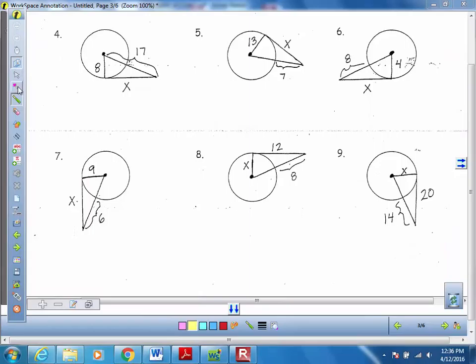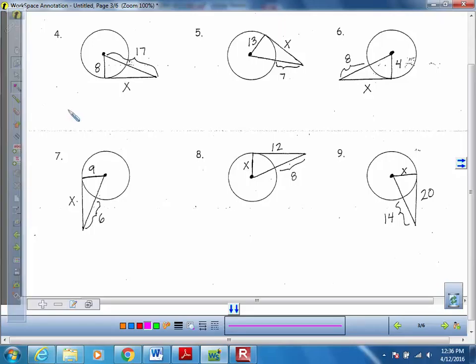In number 4, does it matter which one's A and B here? It doesn't necessarily matter which one's A and B, but which one actually matters? C, okay? So C is always across from my 90-degree angle. Where would my 90-degree angle be in this figure?